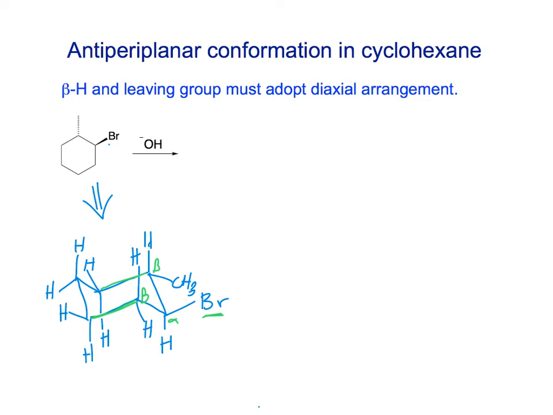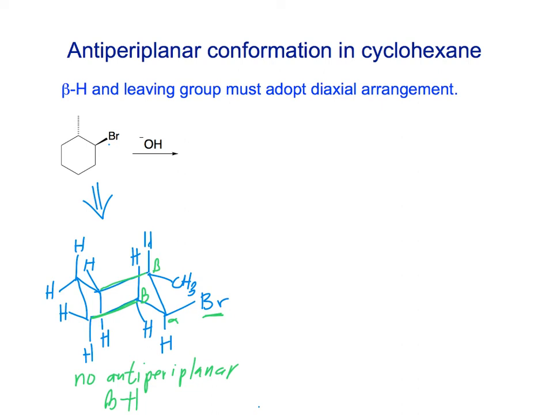Okay, and so they are not carbon-hydrogen bonds. All right, so there is no anti-periplanar beta hydrogen in this structure.